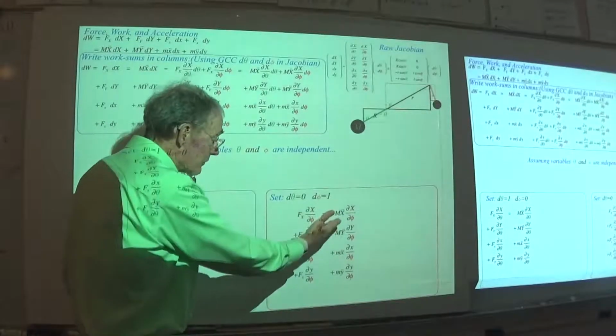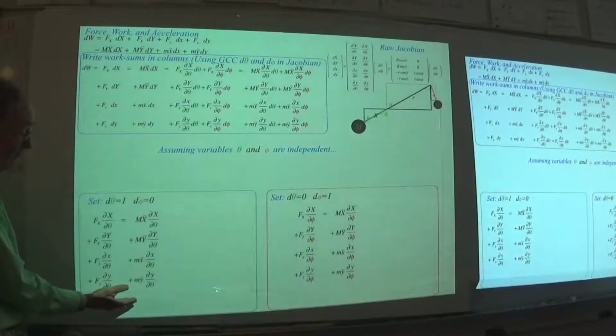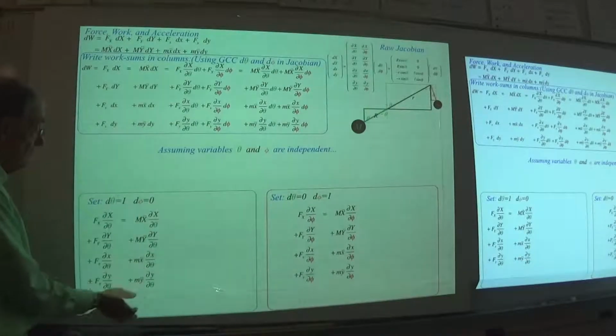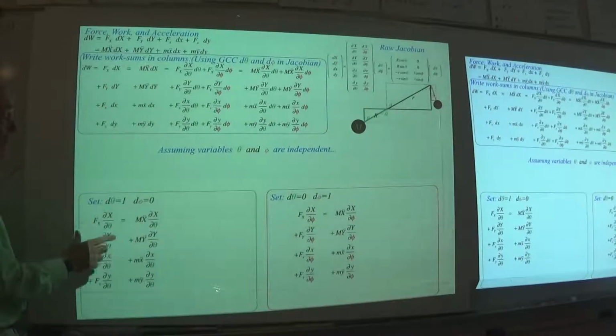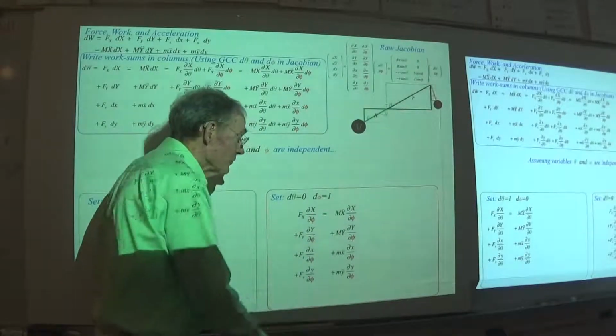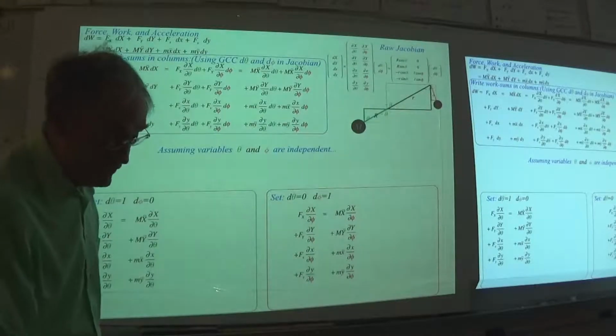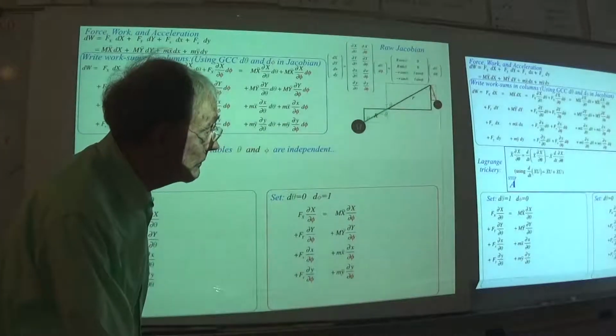So then my equations look like that. Or here it's all theta. So we're talking here about everything that the driver can do, and here's everything with only motion in the projectile. Okay, so that's a start on something here.